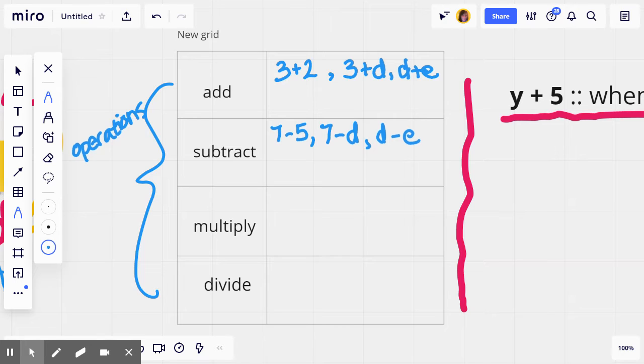Let's look at the multiplication one. If I have two numbers, say I have 6 and 9, and I need to multiply those, here's how we write that in algebra. We don't use an X. We don't use a dot. We just use parentheses. Okay, so when I have two plain old numbers and no variables, I'm going to put them together with parentheses.